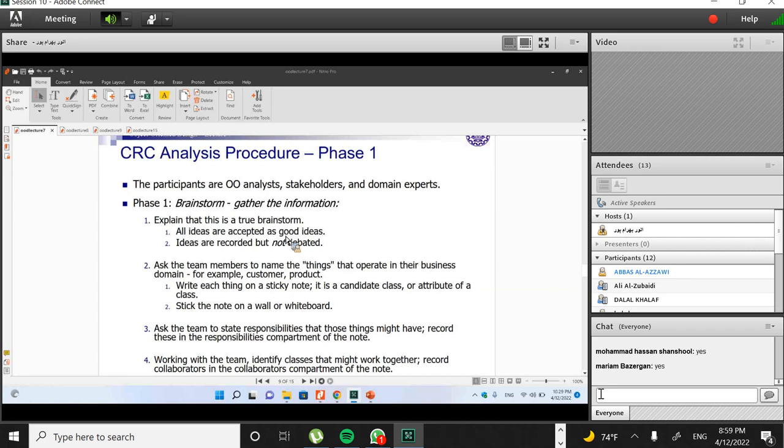Ideas are recorded but not debated. In the first step, we just record all ideas from all people in the project, including the analysis team, stakeholders, end users, or domain experts, about the project and the problem domain.